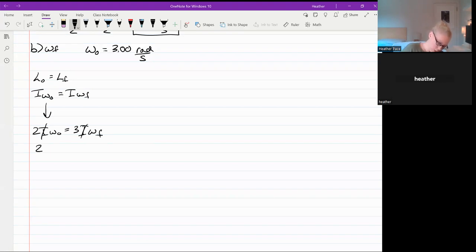And we have 2 omega naught equals 3 omega F. We can rearrange this to solve for omega F, and we get 2/3 omega naught. Omega naught was omega F in the last part of the problem, and that's 3.00 radians per second. So we get 2/3 times 3.00 radians per second, leaving units off, and we get 2.00 radians per second as our new angular speed.